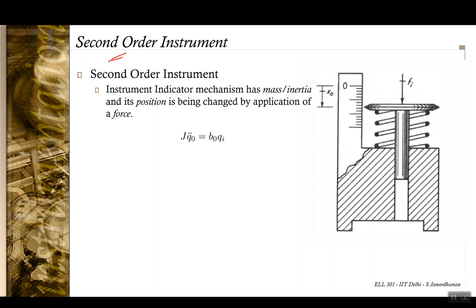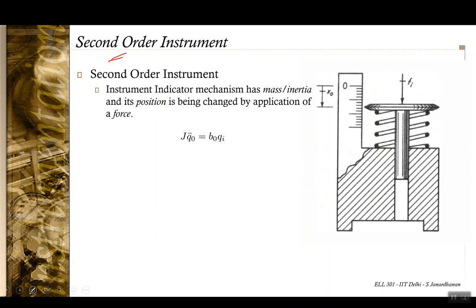In this, the instrument indicator mechanism has a mass or inertia, and its position is being changed by application of a force. As in the first order system, let's start with the simplest case, where a force is applied and that changes the second derivative of the position.